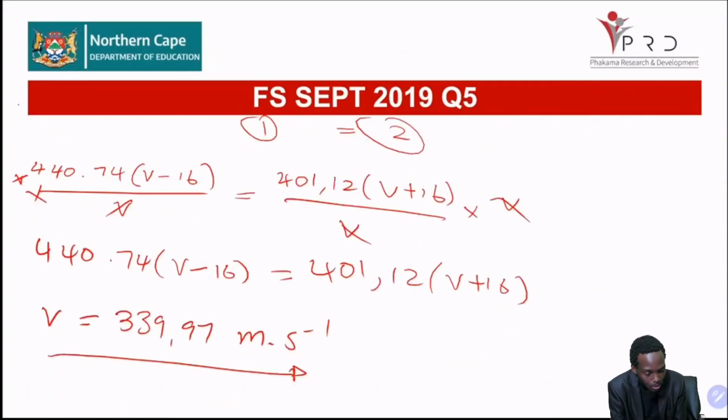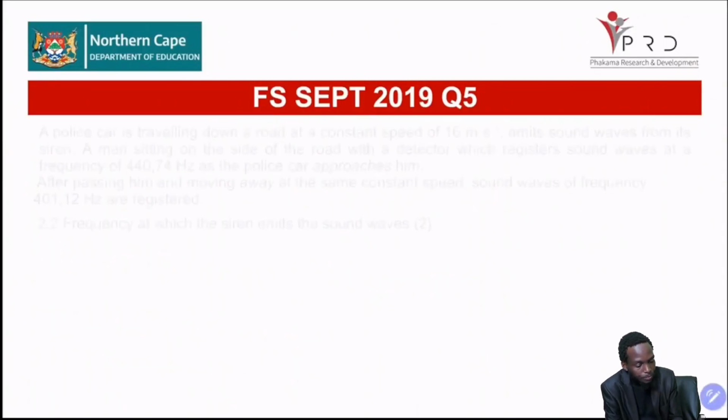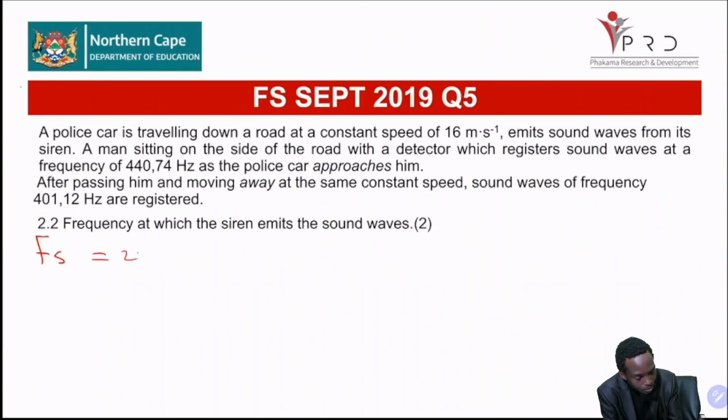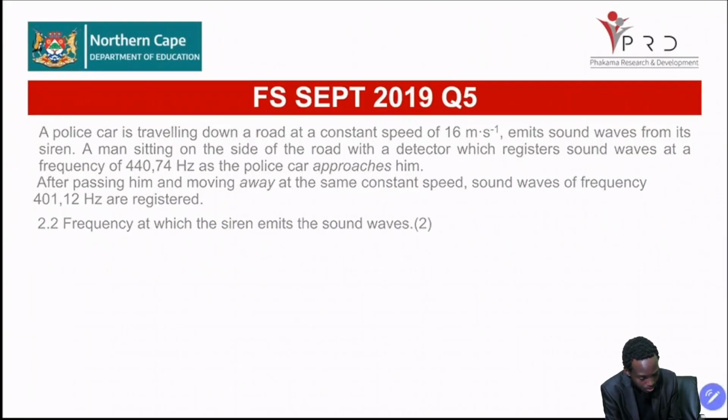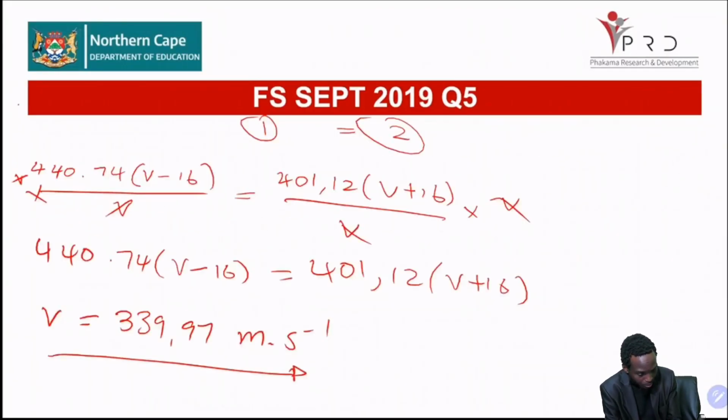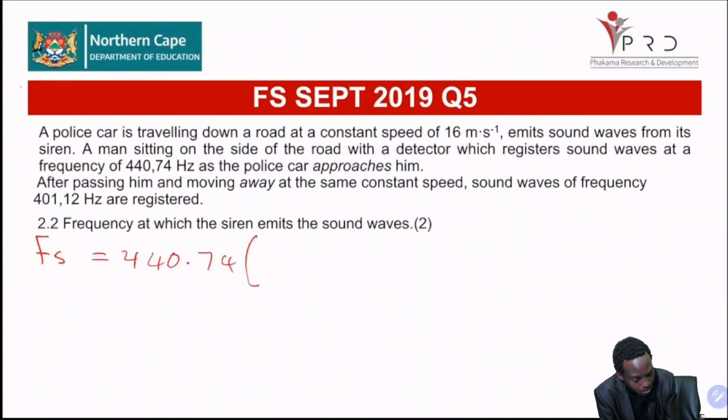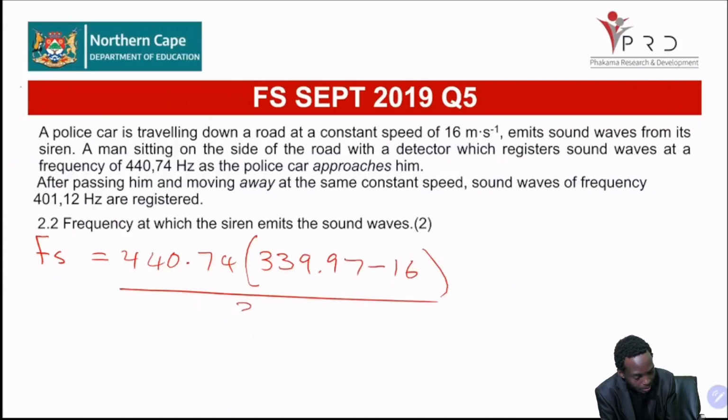Okay, let us do exactly that. So I'm going to say Fs equals 440,74 open bracket. What is our V? Our V from the previous slide was 339,97. So I'm going to say 339,97 minus 16 divided by 339,97.